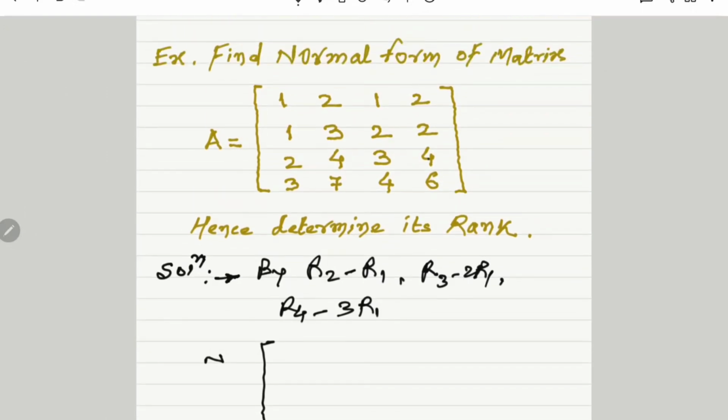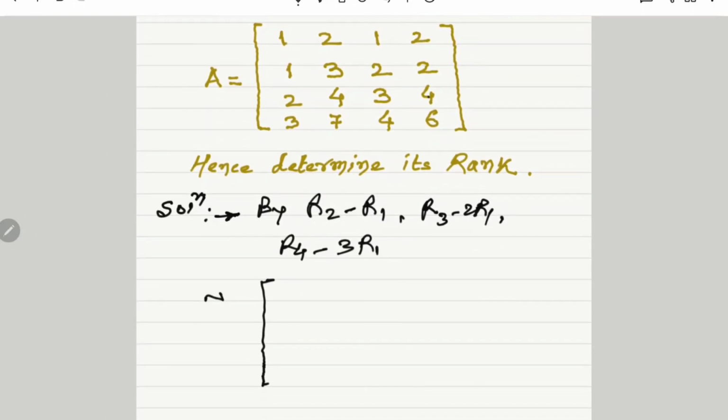Therefore first row no change. I will try to explain the steps with very simple language, though it is in English. First row no change, 1 2 1 2. Changes are in second, third, and fourth row.